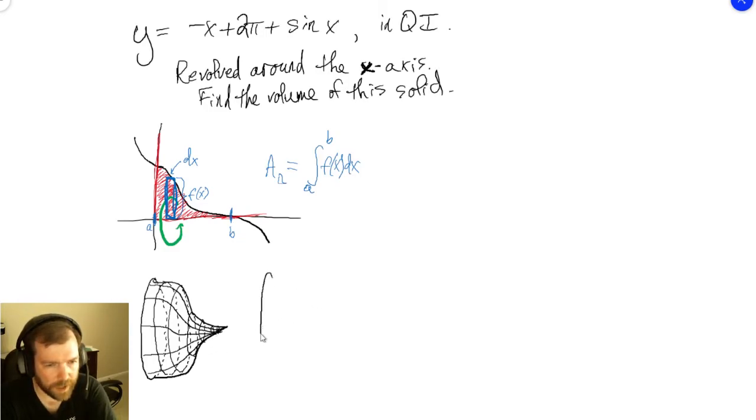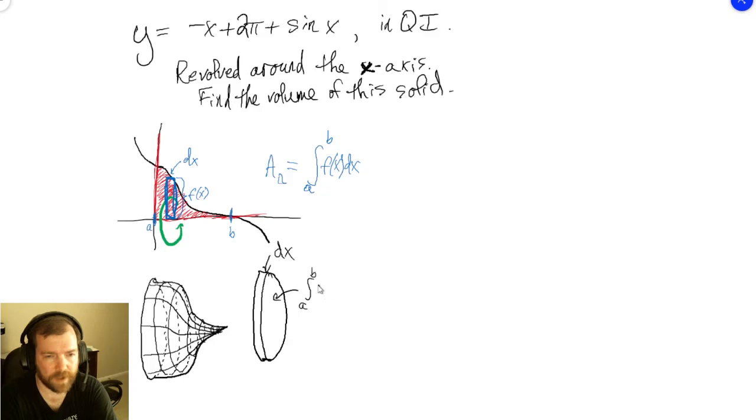We're going to look at the volume of every cylinder that we have, whose height is now dx, and whose surface area is now going to be the integral from a to b of f of x dx.